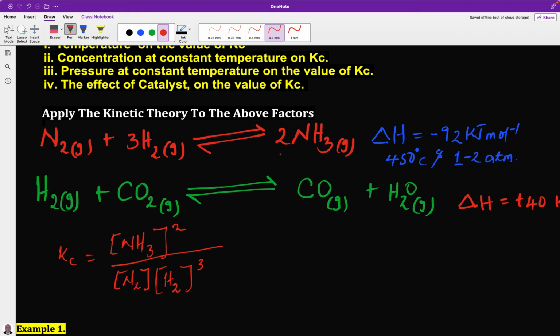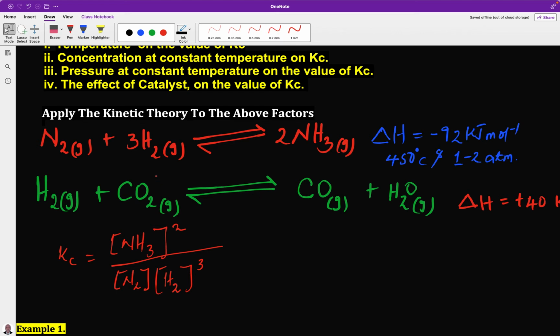And when more product is formed, Kc will do what? Kc will increase because there is more product than reactant. Kc in this case will increase when pressure is increased. Therefore, gas pressure will favor the production of more ammonia. And secondly, if the pressure is decreased.